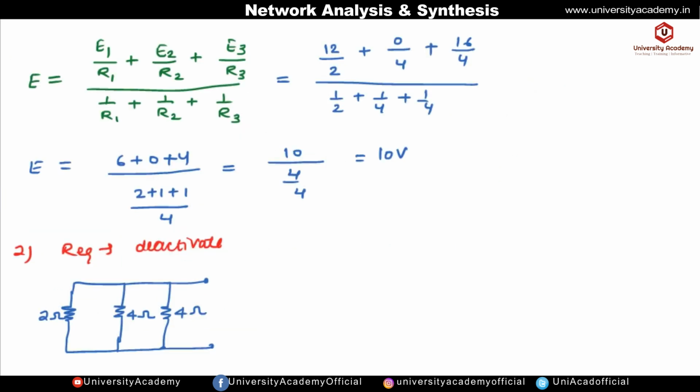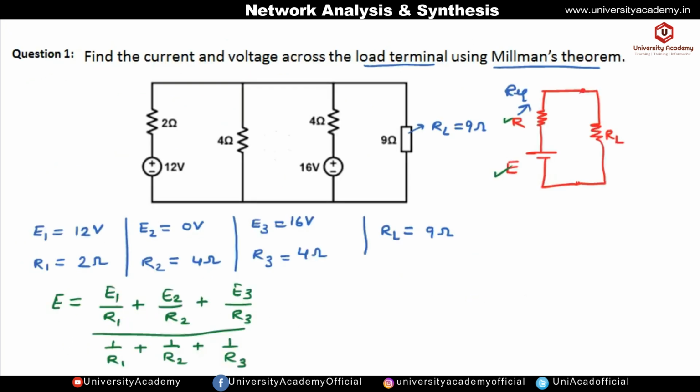Now let us find the R equivalent, which is equal to resistance R. The value of R is given by 2 in parallel with 4 in parallel with 4. So 4 in parallel with 4 will give 2, and then 2 in parallel with 2 will give 1 ohm. So the value of R we are getting is 1 ohm.